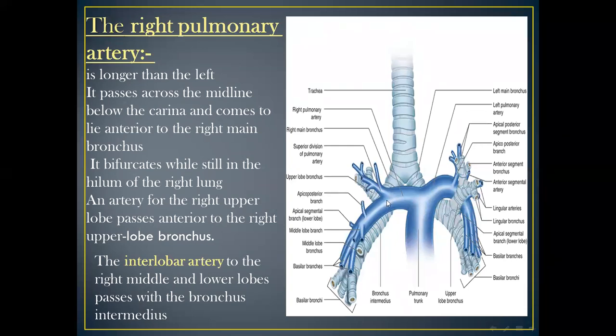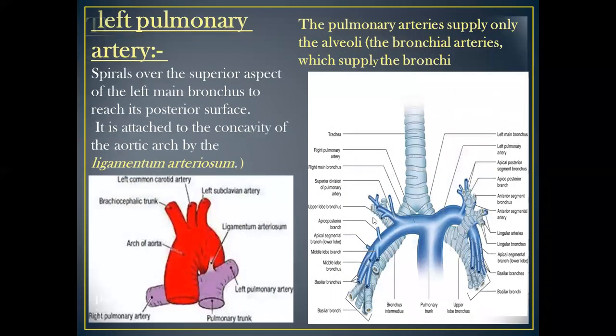Then it bifurcates to give the right upper lobe pulmonary artery, which passes anterior to the right upper lobe bronchus, and the interlobar artery, which passes with the bronchus intermedius and will further subdivide into middle and lower lobe arteries.